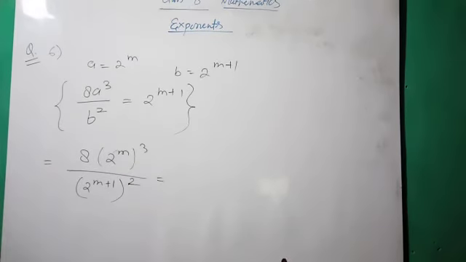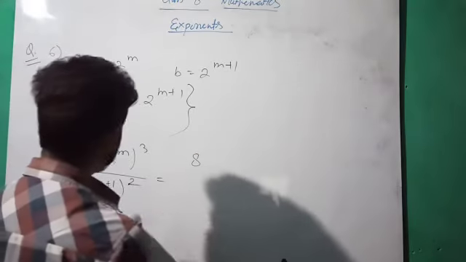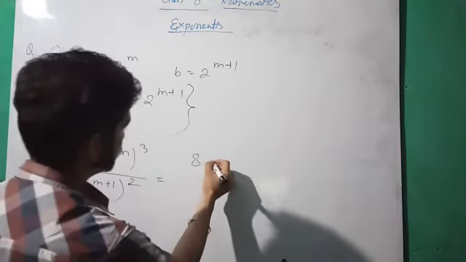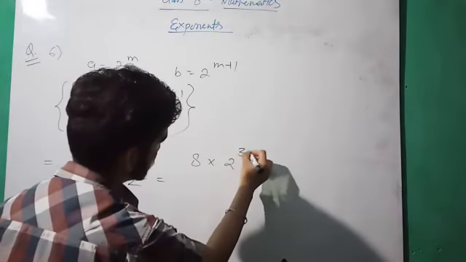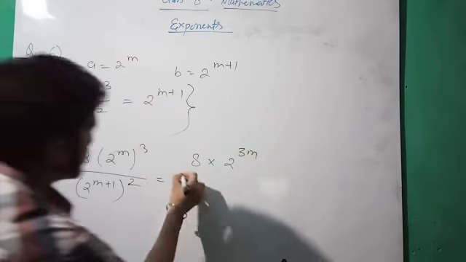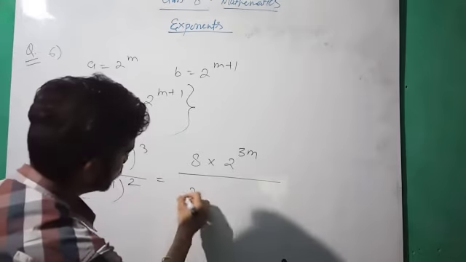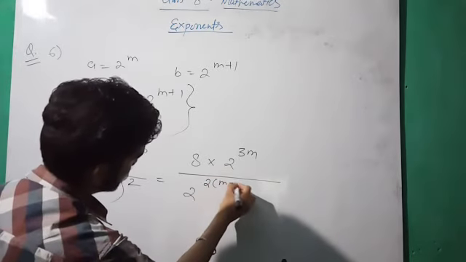Or we can directly write it as 8 into 2 to the power 3m upon 2 into 2m plus 1.